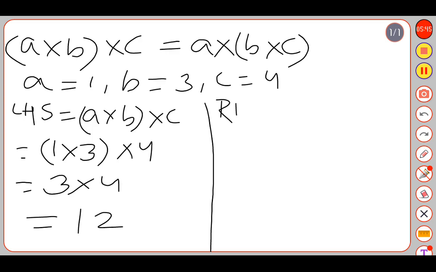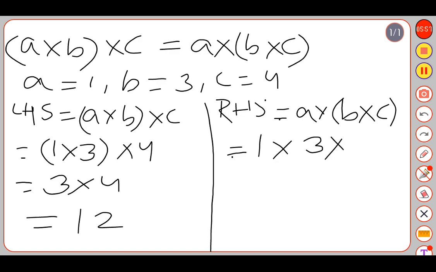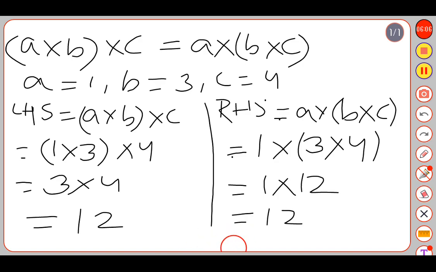Again here RHS equals 1 × (3 × 4), that will be 1 × 12, that is 12. So LHS is equal to RHS. So whole numbers are associative under multiplication also.